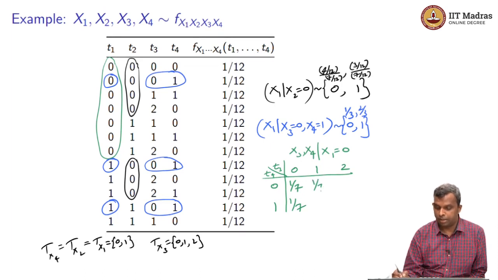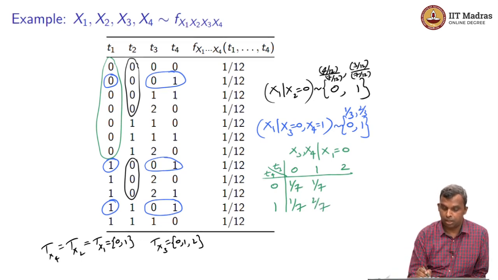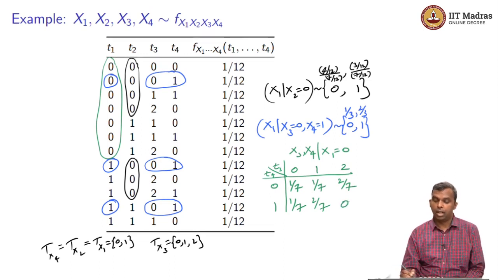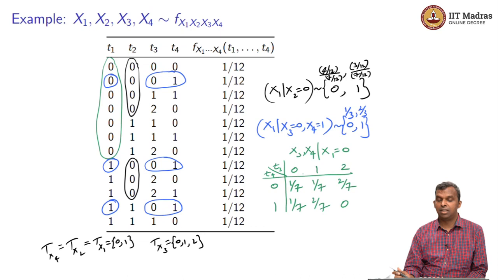That's again 1 by 7. 1, 1 again happens 2 by 7, right? So it happens twice. It happens once here and once there. And then 2, 0, that happens twice again. That's 2 by 7. And 2, 1 never happens. Okay. So you see here it works out to be a joint PMF in this way.